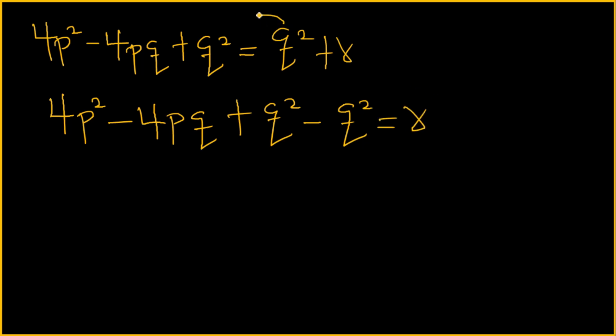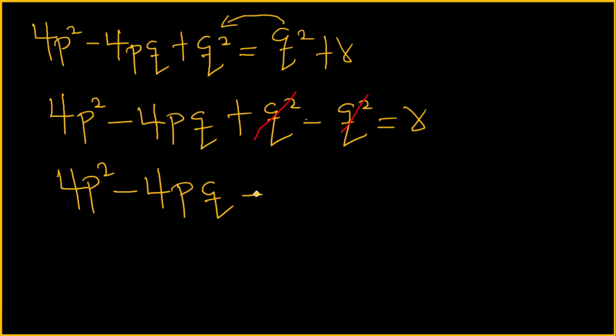Our q squared is taken to this side and it gives us minus q squared. By simplification, we have 4p squared minus 4pq equals r.